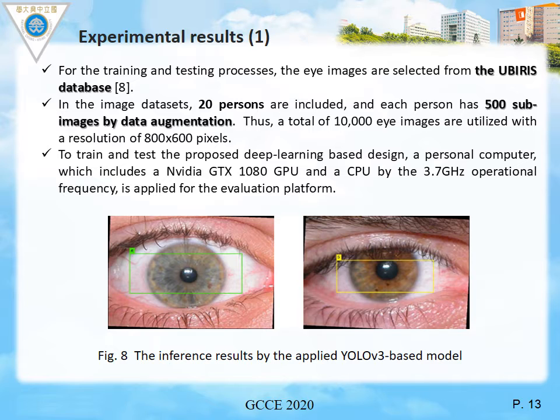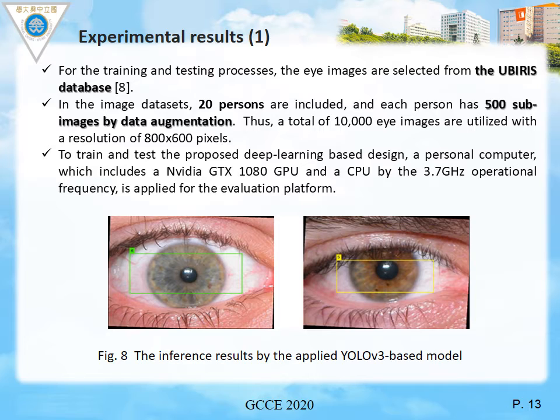To train and test the proposed deep learning-based design, a personal computer, which includes an NVIDIA GTX GPU and a CPU with 3.7 GHz operational frequency, is applied as the evaluation platform.